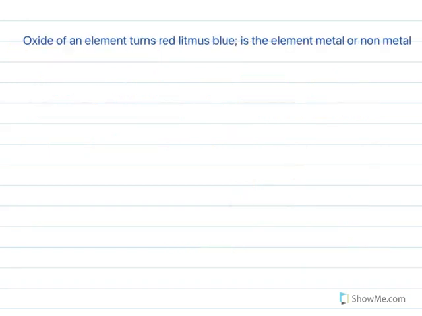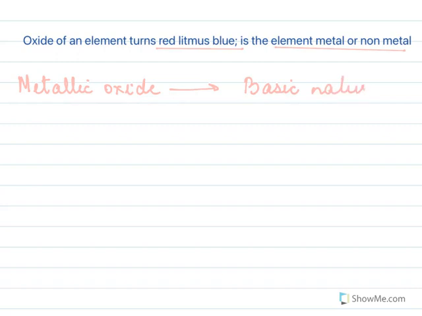Oxide of an element turns red litmus blue. Is the element a metal or a non-metal? So we know metallic oxides again are basic in nature and non-metallic oxides are acidic in nature.